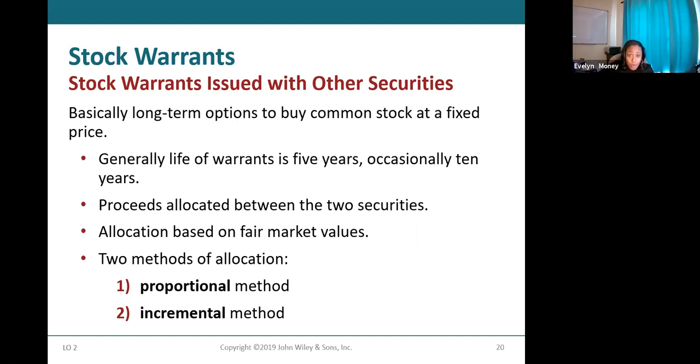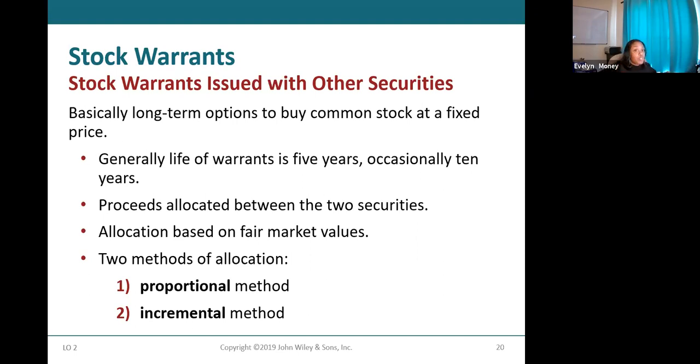But all the stuff I was saying before about security that's packaged with stock warrants, we're going to use the same method we used back in chapter 15 when we issued preferred stock and common stock all lumped together. We used the proportional method when we knew the value of both items, or we used the incremental method when we only knew the value of one.